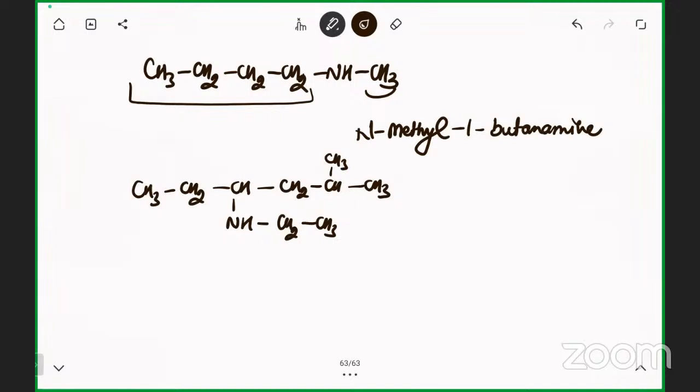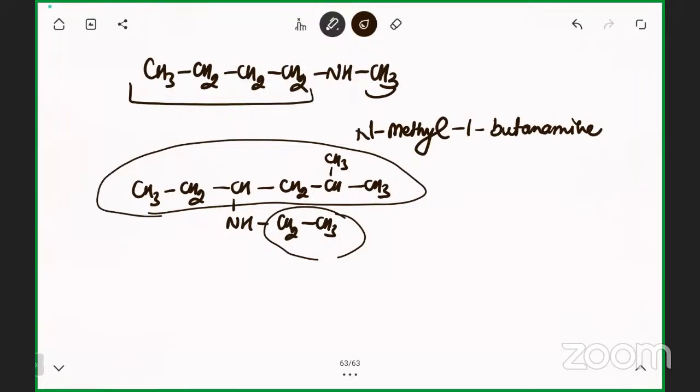Is this 1 degree, 2 degree, or 3 degree? Sir, is it 2 degree? Yes, it is 2 degree. This is one substituent, and with N, another substituent is this one. So this is 2 degree.